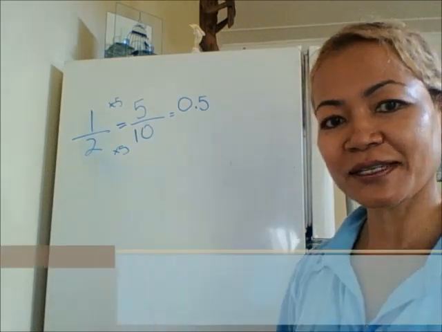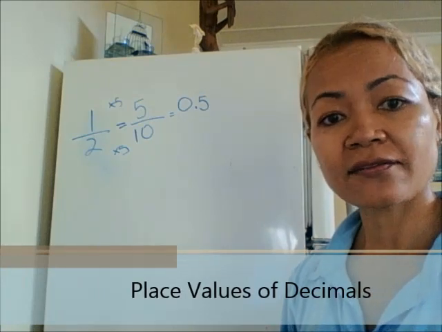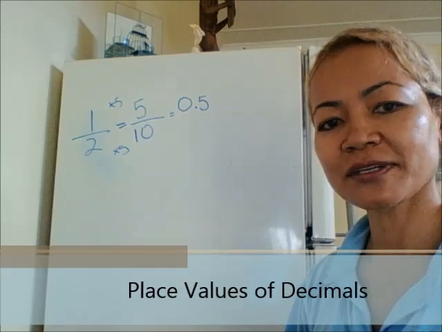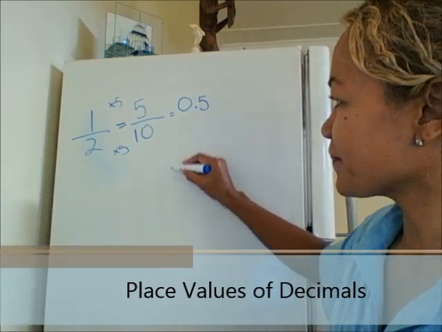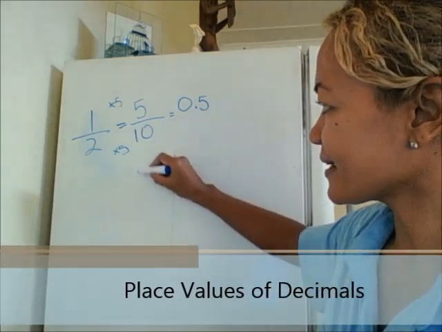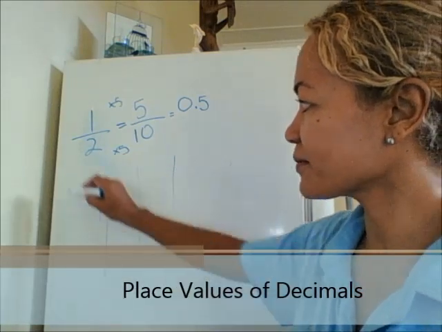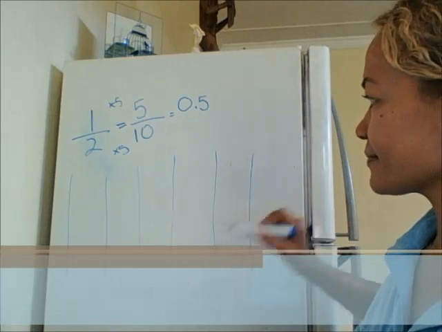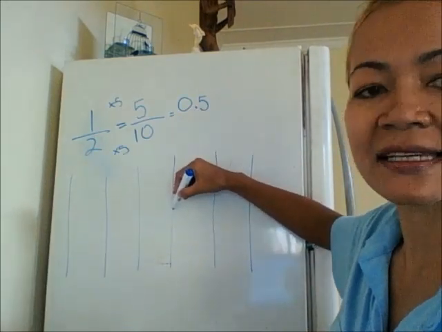The next thing we have to explain is that in whole numbers, you have a ones column, a tens column, hundreds. Okay, so let's just show those columns again. Say the decimal place is here.